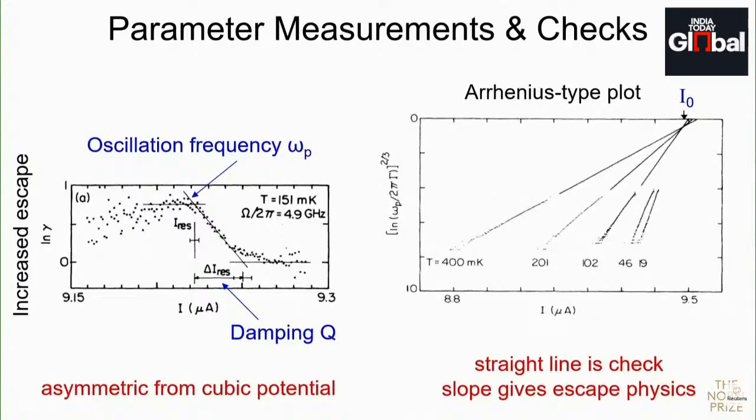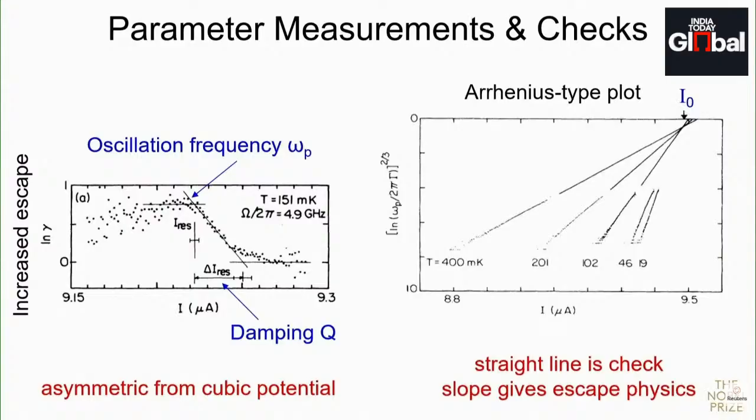We put in a fixed frequency here, 4.9 gigahertz, and then you see an enhancement of the rate when the microwave drive of the particle in the well is at the same frequency, resonant enhancement. Study that all the time in physics. So from the peak of that particular transition, we can get the oscillation frequency of the system, and from its width on the high side, we can get the damping of that.